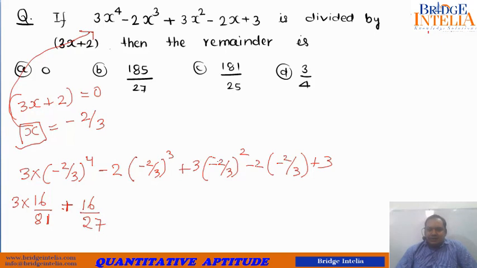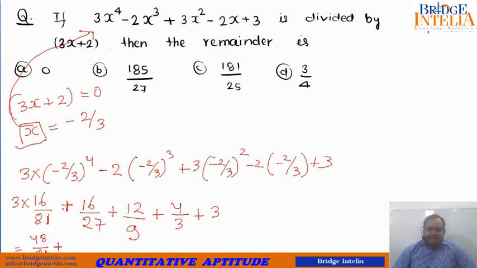Now this is what? Plus, this will become plus. So 2 square is what? 4. So plus 12 by 9. This minus minus will become plus, plus 4 by 3 plus 3. So 16 3s are 48. So this is 48 by 81.